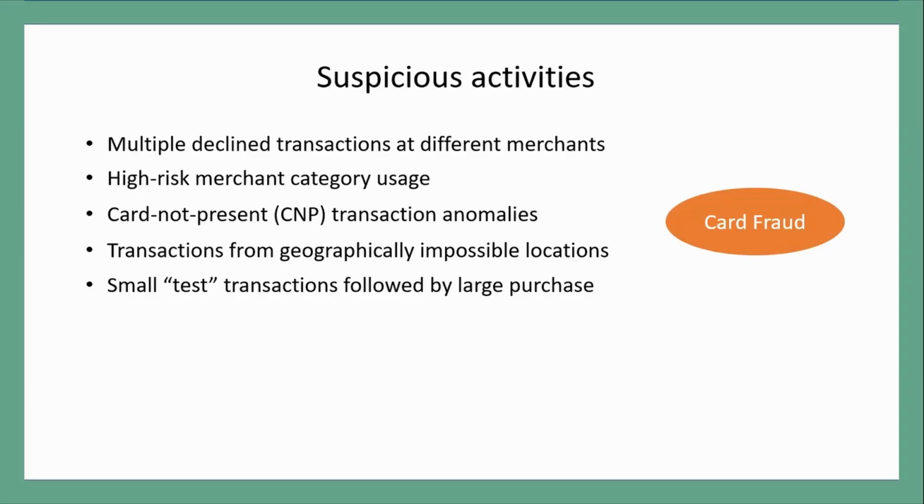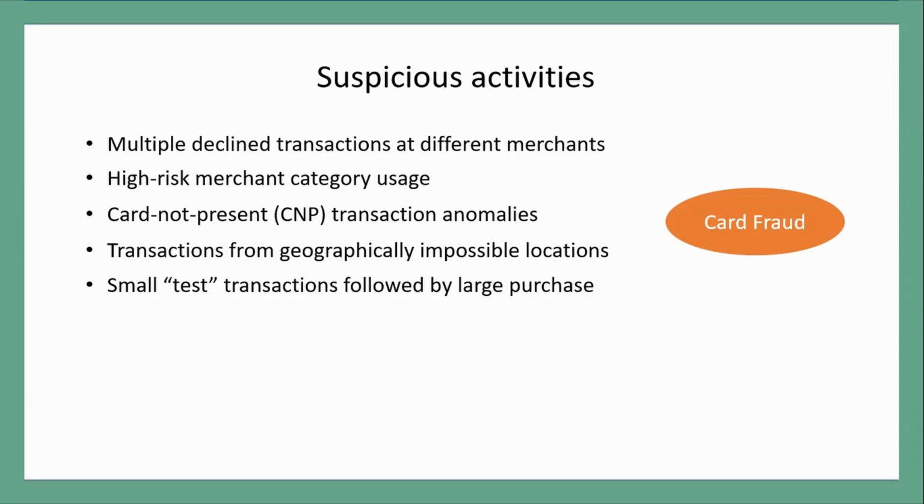If there is a small test transaction, maybe very small amount, maybe 100 rupee or 150 rupee, and then immediately after that, once small transaction amount is successfully transferred, and after that there is a large amount, then it becomes suspicious because the rightful owner, rightful customer knows that this is my account, this is my card, and it has this much of limit.